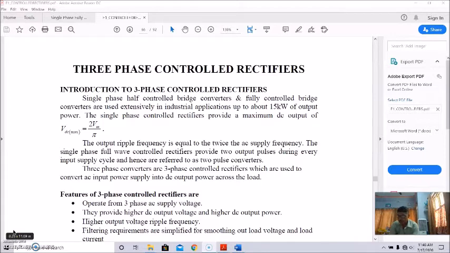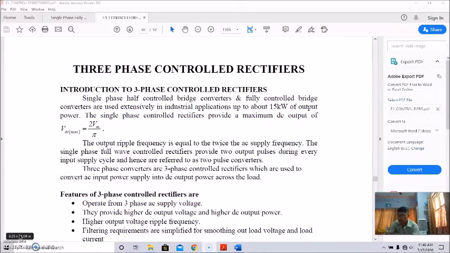Actually, there are different types of three-phase control rectifiers. Particularly, three-phase control rectifiers may be half-wave control rectifiers and full-wave bridge rectifiers. Half-wave control rectifiers are further subdivided into three-phase half-wave control rectifier, commonly known as three-pulse converters, and also six-phase half-wave controlled rectifiers, known as six-pulse converters.